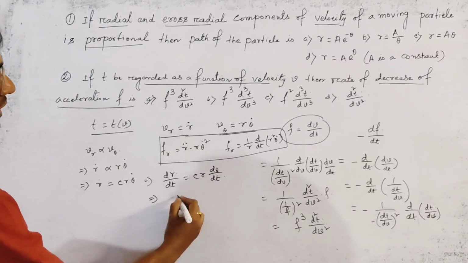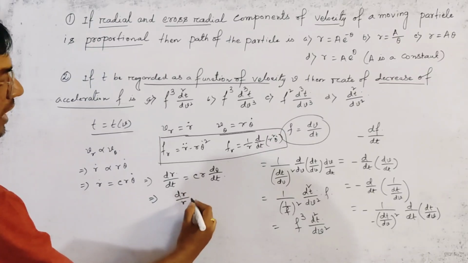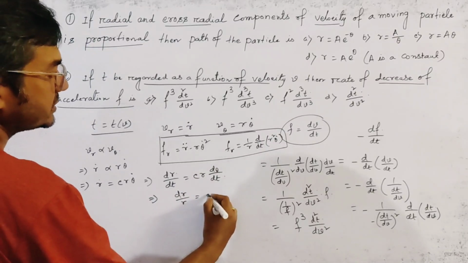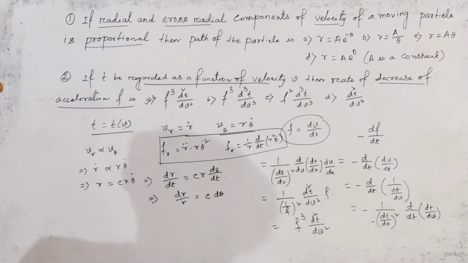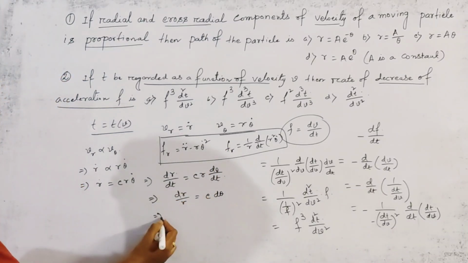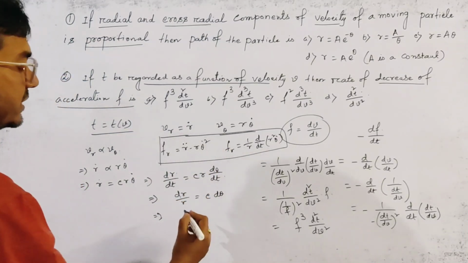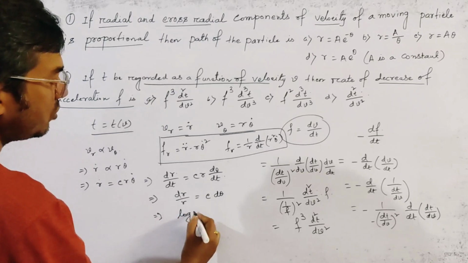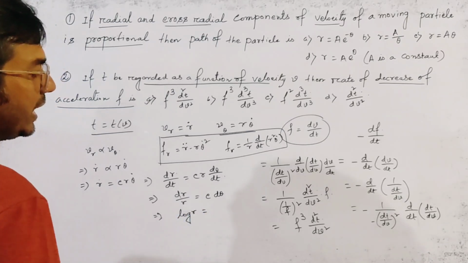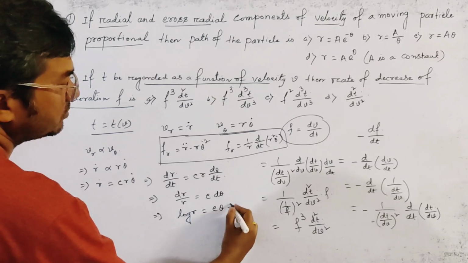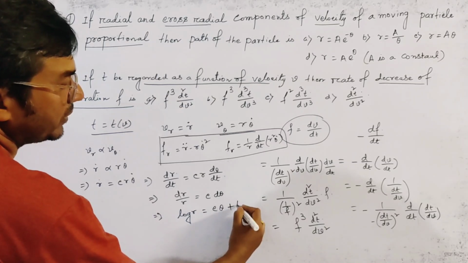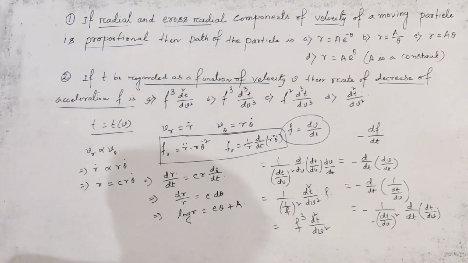So we get dr by r equals c into d theta, and by integrating we get log r equals c into theta, plus another integrating constant.